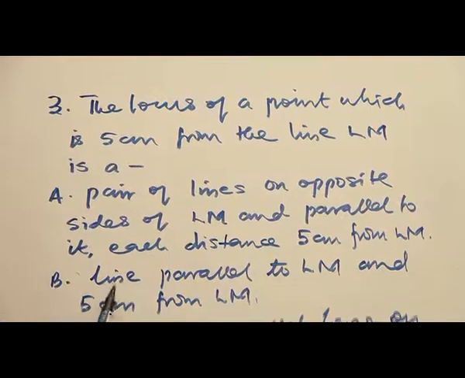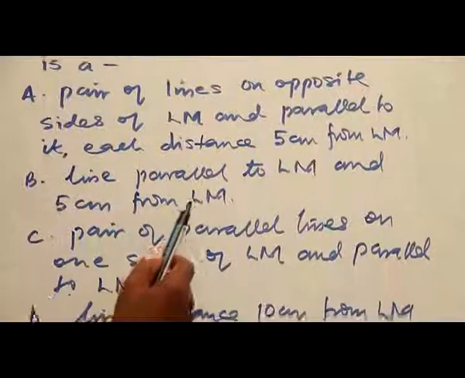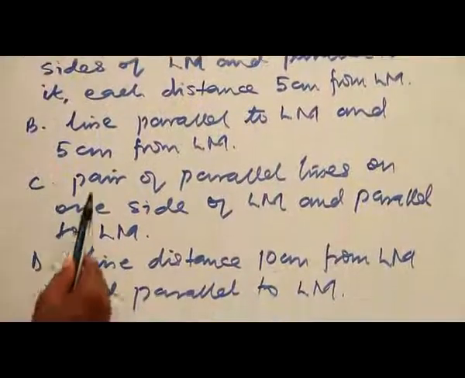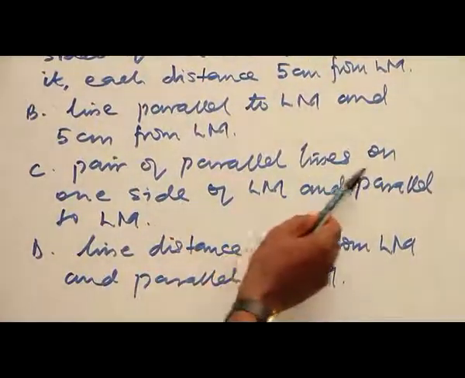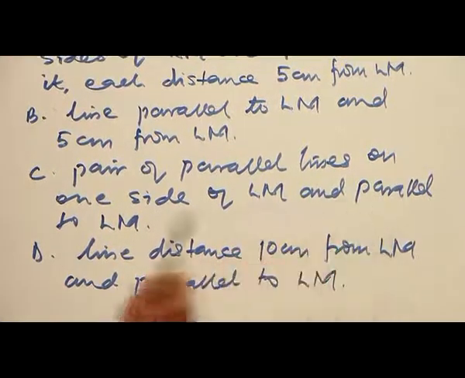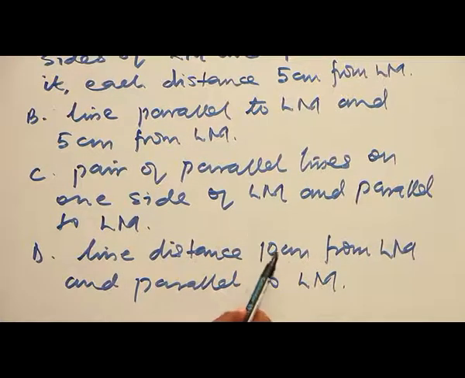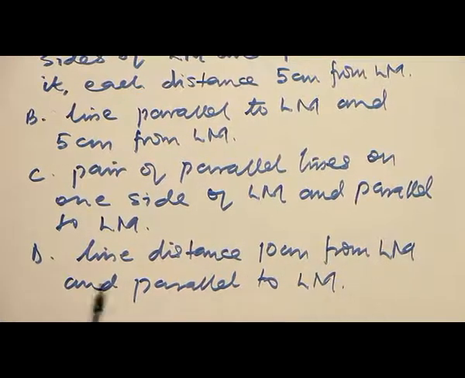B, line parallel to LM and 5 centimeters from LM. C, pair of parallel lines on one side of LM and parallel to LM. D, line distance 10 centimeters from LM and parallel to LM.